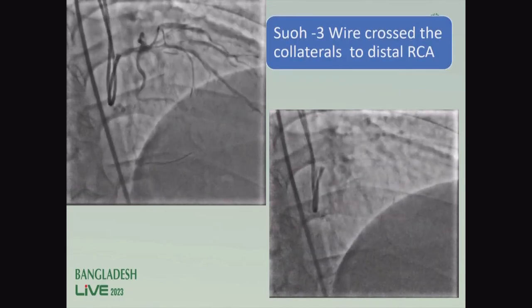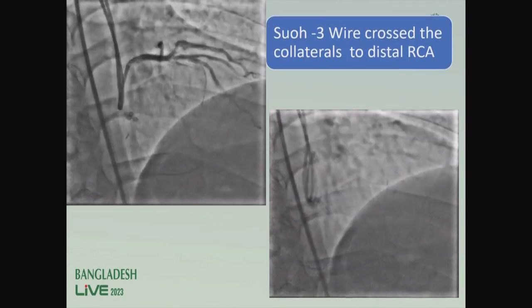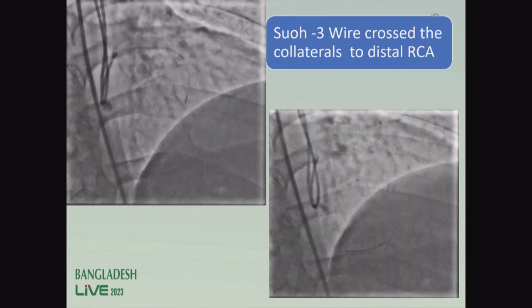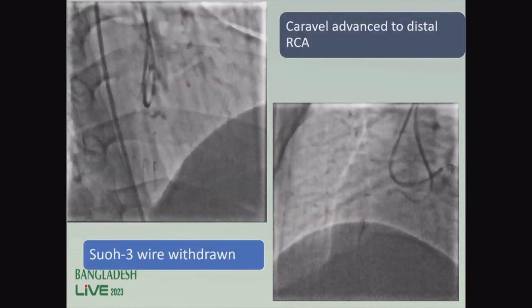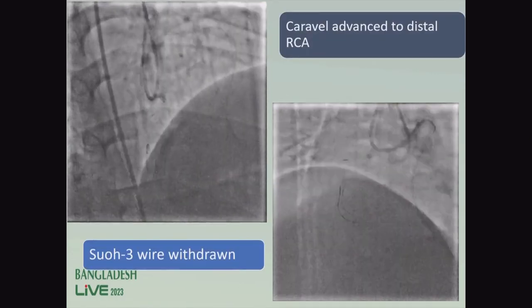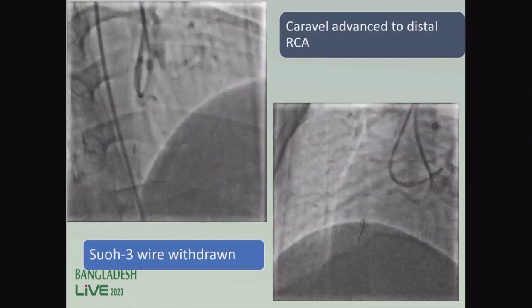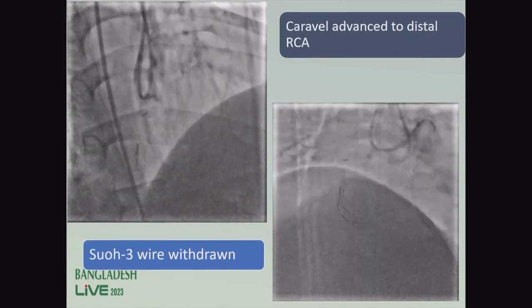So we switched Sion Blue to SO3 wire, and it crossed the collateral successfully. The microcatheter was advanced to the distal RCA, and SO3 was withdrawn.